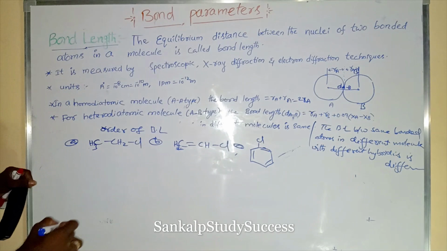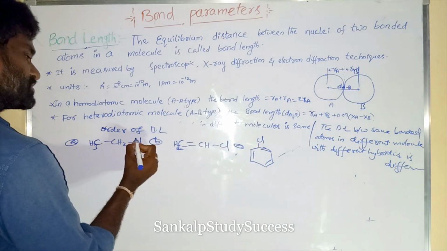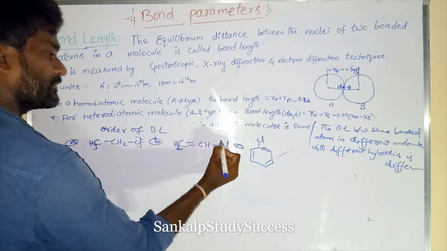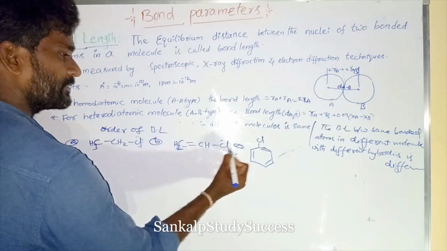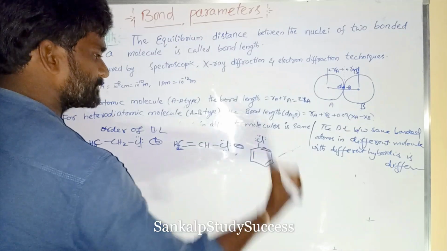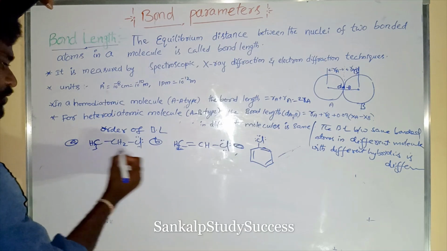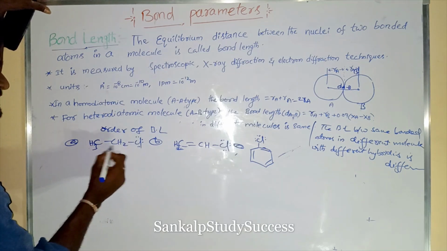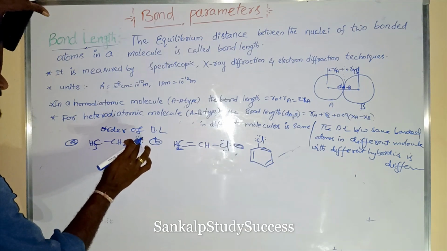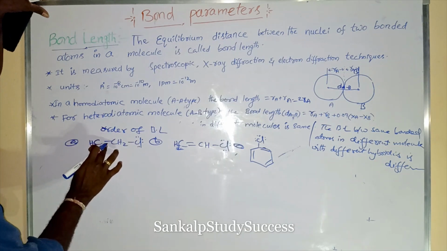Bond length means the C-Cl bond, right? In all these molecules, chlorine is present. Chlorine has 3 lone pairs. Here no resonance is possible, conjugation is not possible, because the lone pair electrons cannot shift with pi electrons due to the absence of pi electrons.